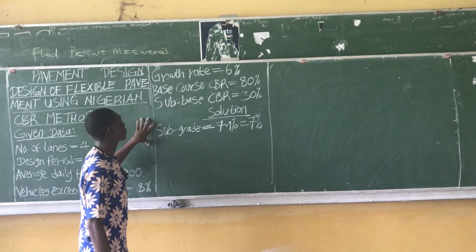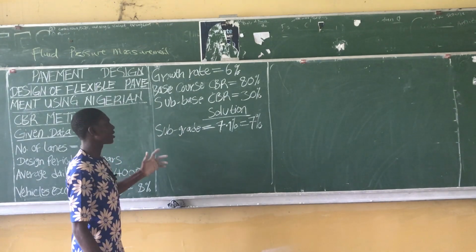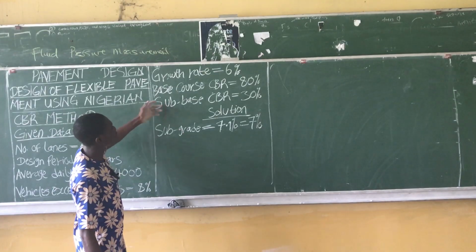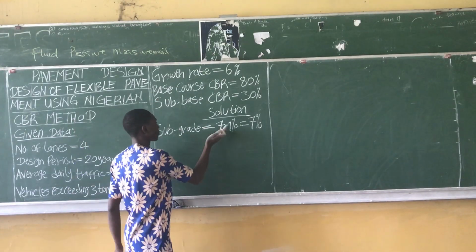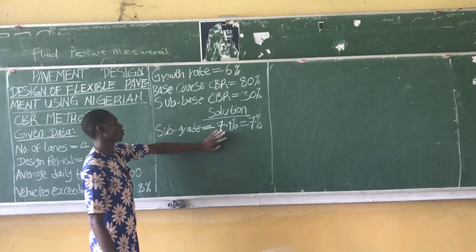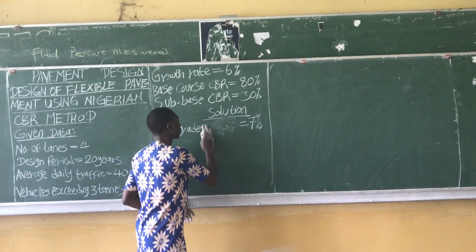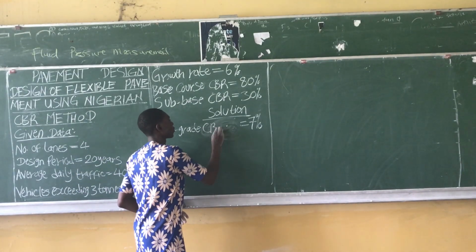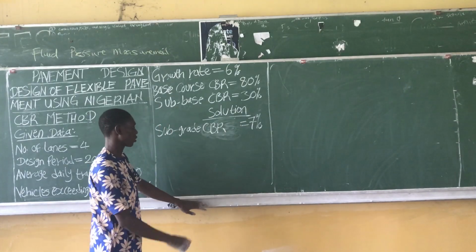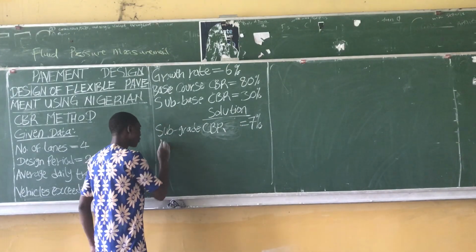Remember, we have to design the pavement. So what's the next thing we have to do after we have gotten our CBR values for different pavements? So these are subgrade CBR values. Our subgrade CBR value is equal to 7%. So the next thing to get is our average daily traffic.